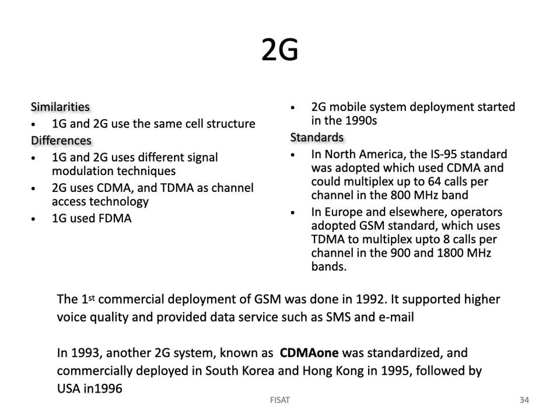The first commercial deployment of GSM was done in 1992. It supported higher voice quality and provided data services such as SMS and email. In 1993, another 2G system known as CDMA-1 was standardized and commercially deployed in South Korea and Hong Kong in 1995, followed by USA in 1996.